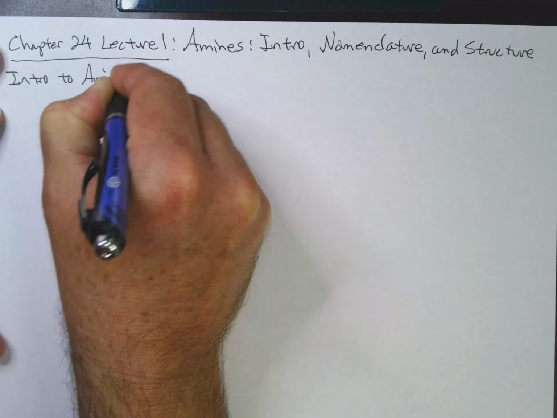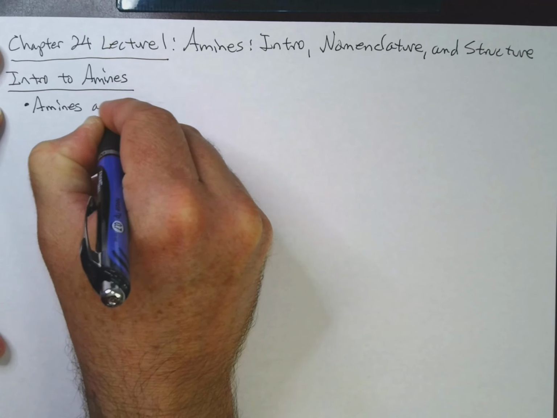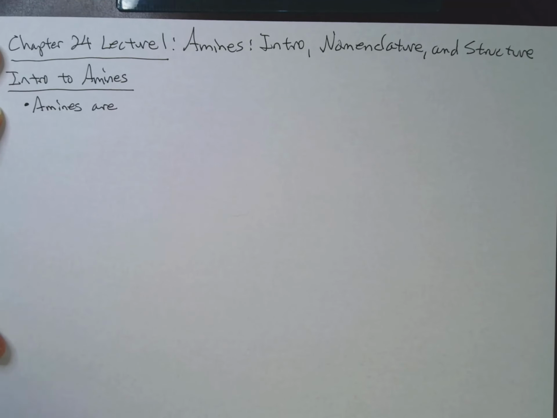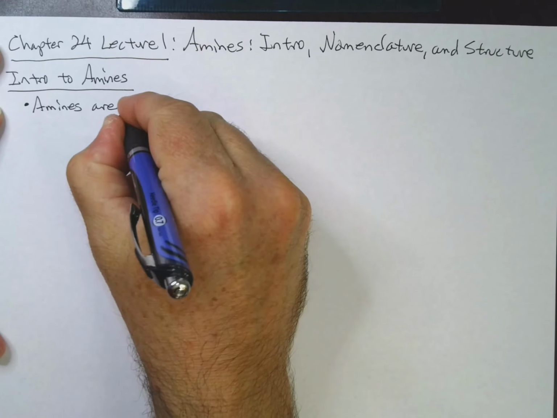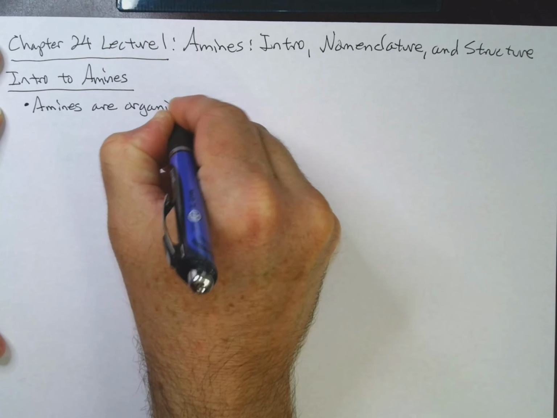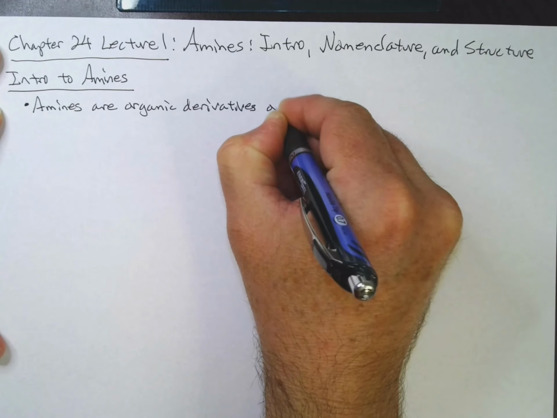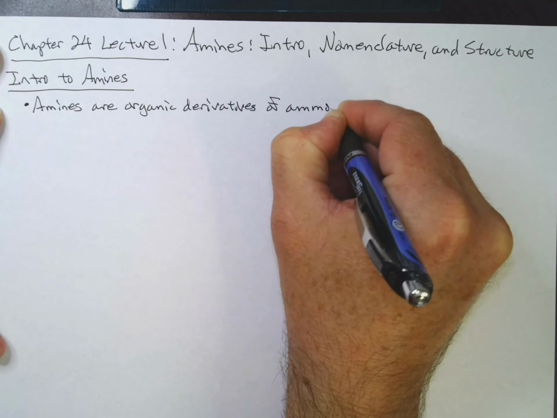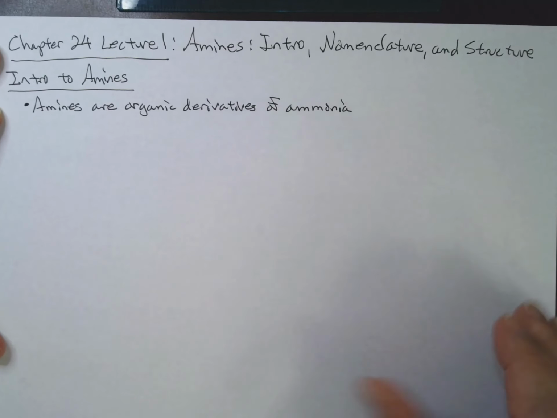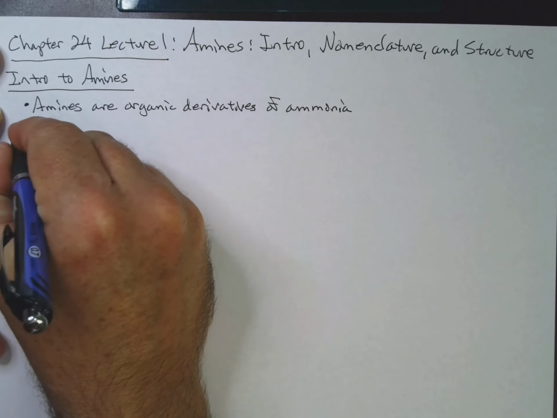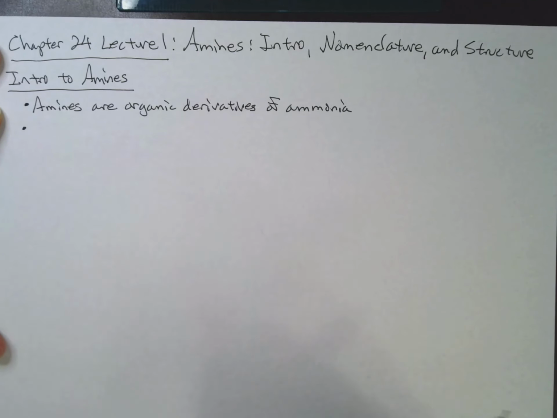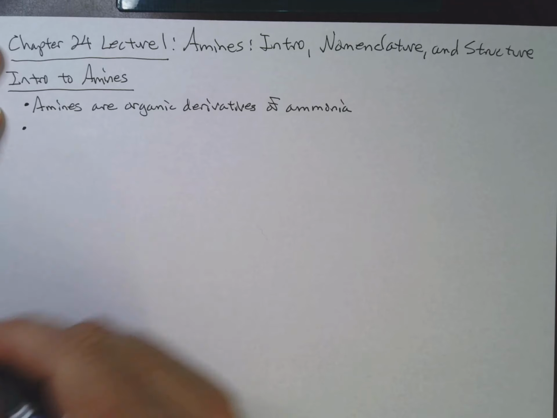So amines are organic derivatives of ammonia. That is, they have one or more alkyl or aryl groups bonded to nitrogen. And we have many important amines found in biology, many biologically important amines.